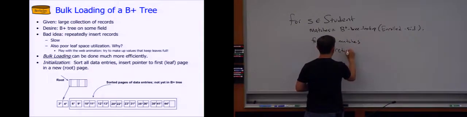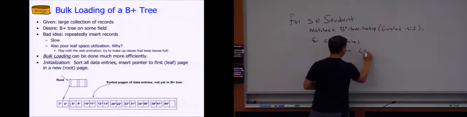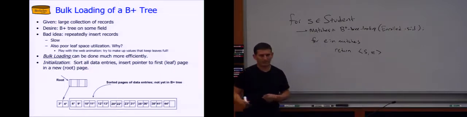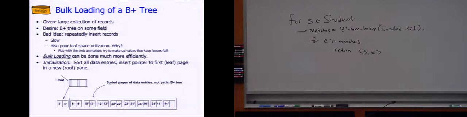Return S comma E. So this little call here is not in the pseudocode in the slides, which seems like a pity. Okay. And what is this call B tree lookup?